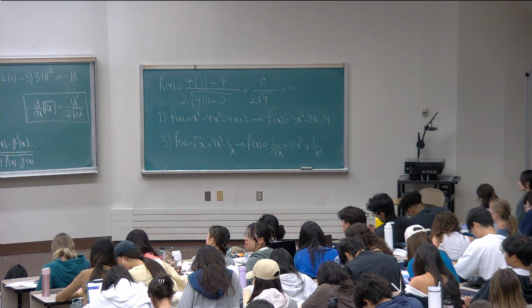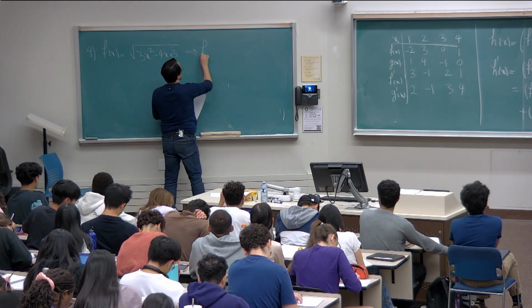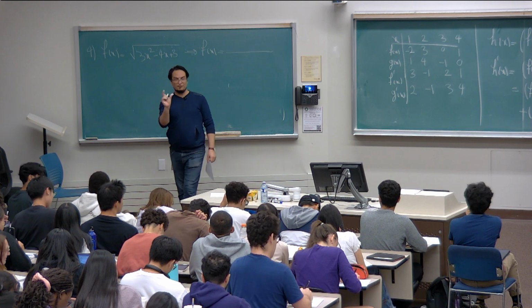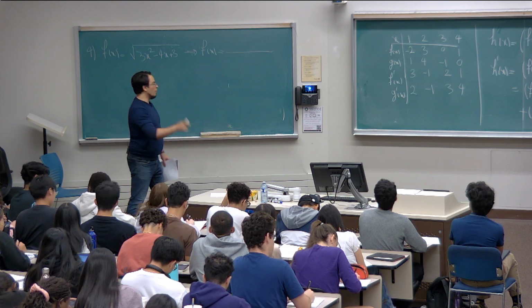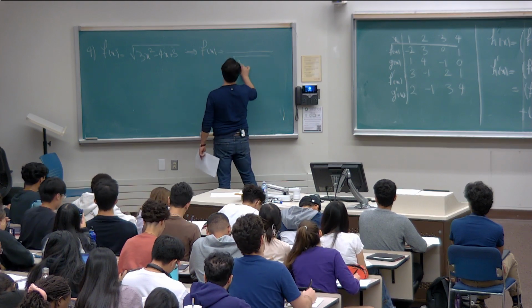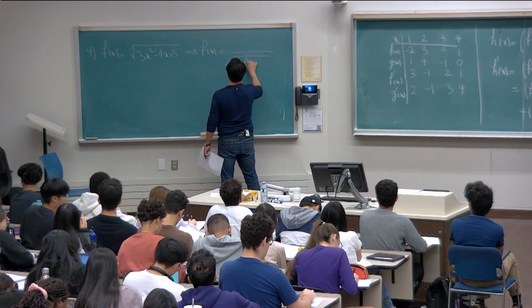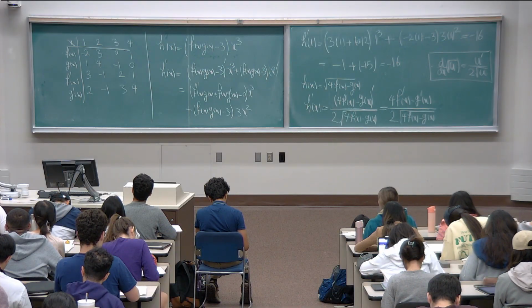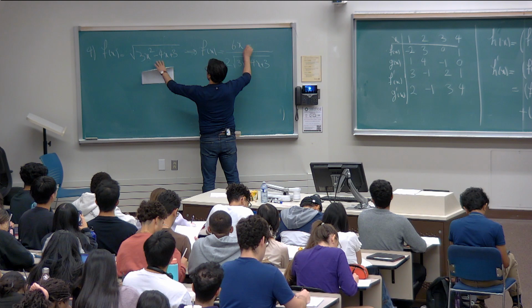Square root of a function, the derivative is going to be derivative of that function under the square root over 2 root of that function. And the derivative of this guy is 6x minus 4.